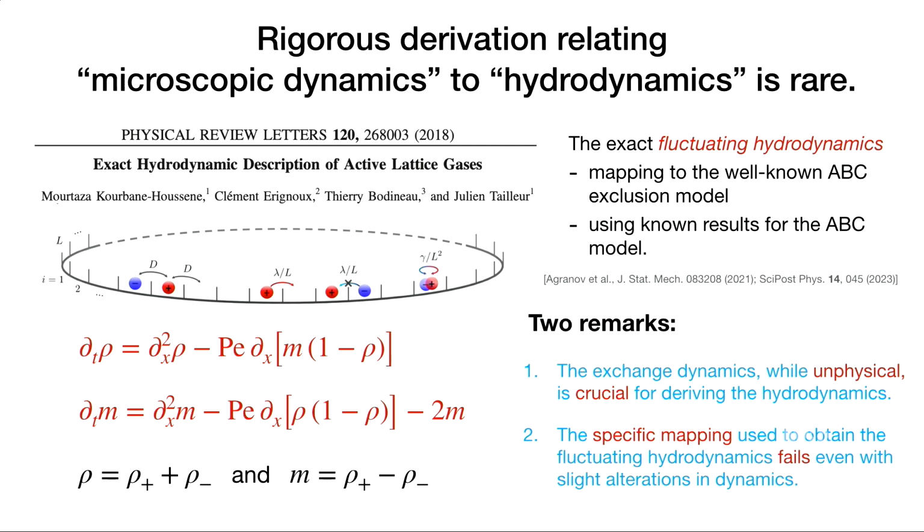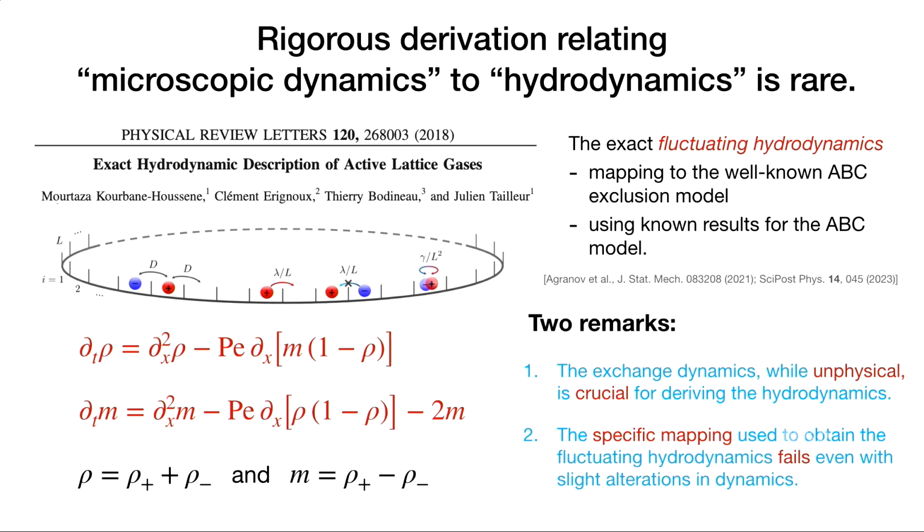Okay, so in this one, you can derive hydrodynamics for this model rigorously. Okay, so I am not going to go into how you derive it, but you basically go from this site variable i, which is an integer, to a continuous variable x, and you can similarly rescale your time.